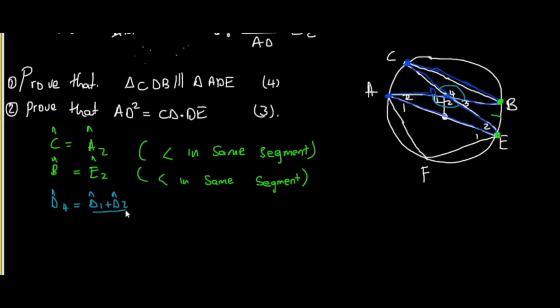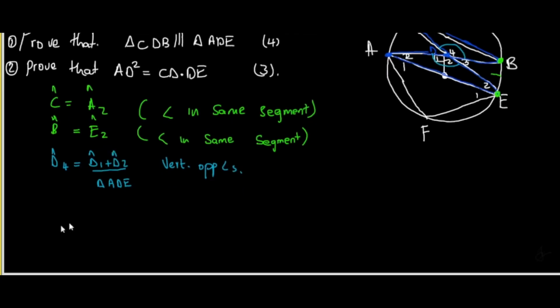Remember this whole angle is in triangle ADE. Right. So now, what will be the reason? Vertical opposite angles. Right? So that's the reason. Therefore, we can conclude that the two triangles, triangle CDB, is similar to triangle ADE.